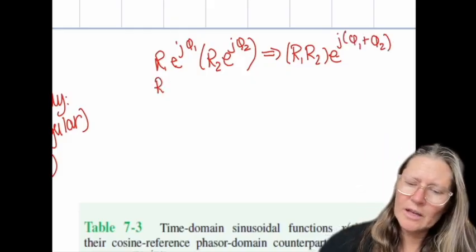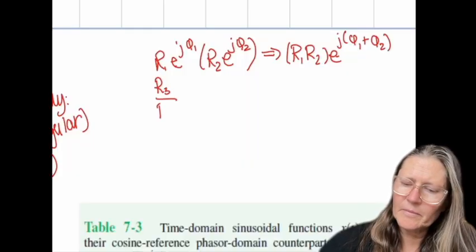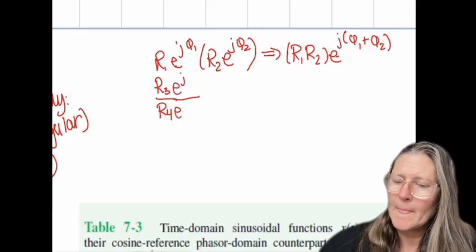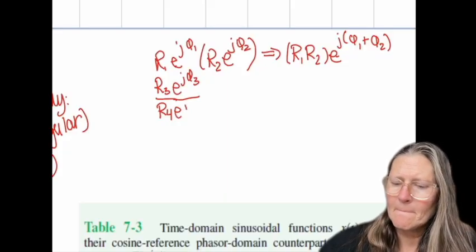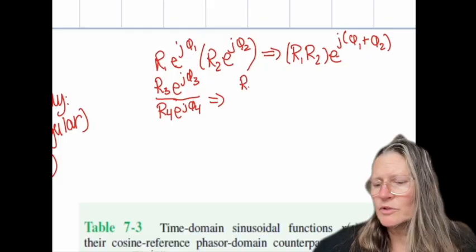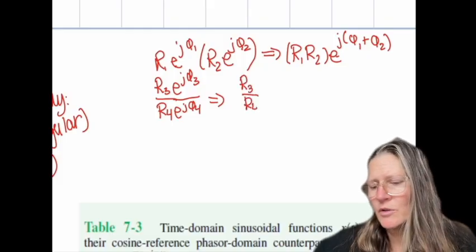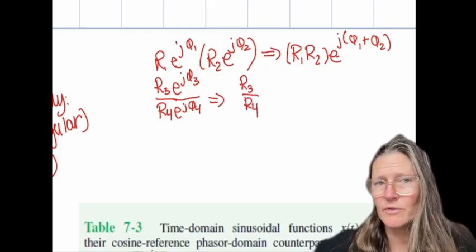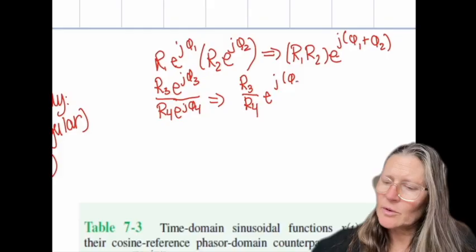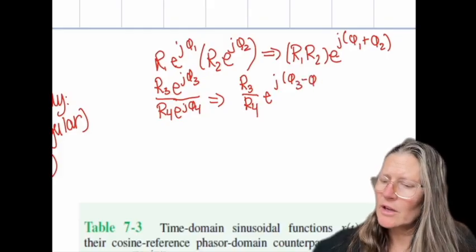If you divide, that is going to result in the magnitude R3 over R4, and then this is going to be a subtraction of the angles instead.